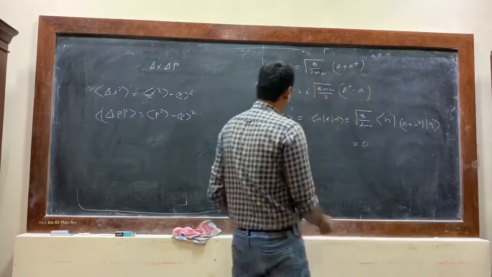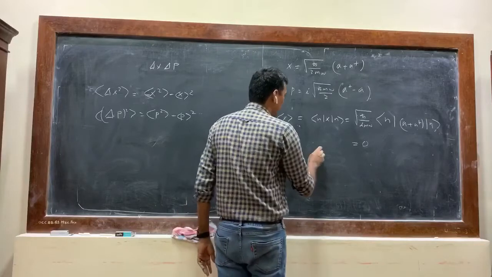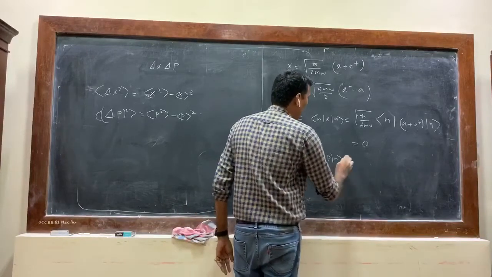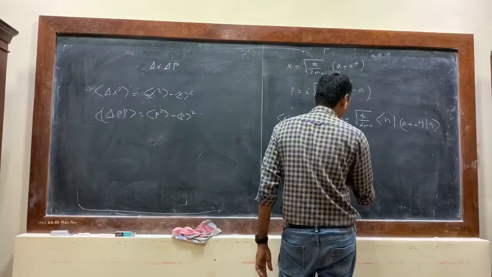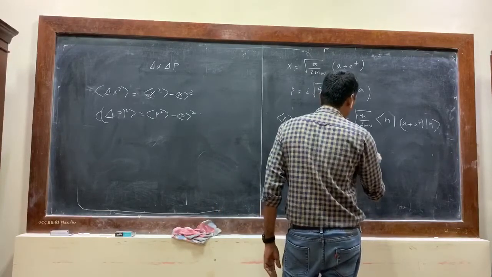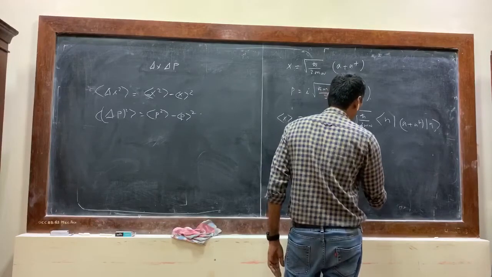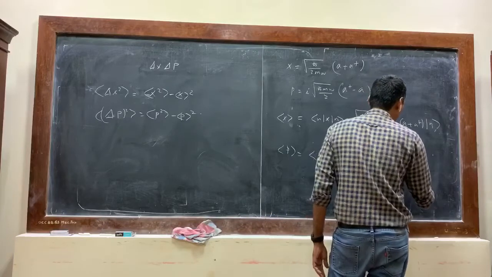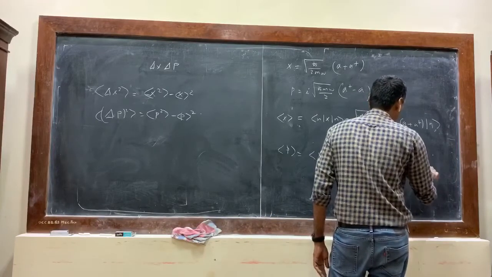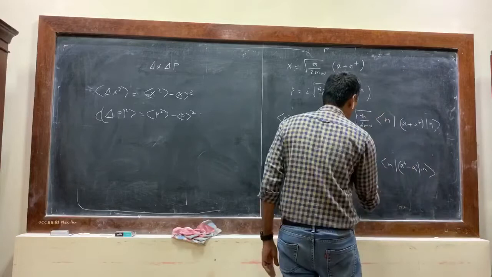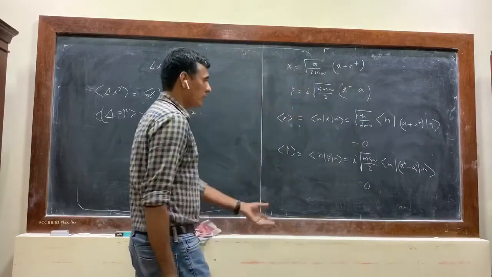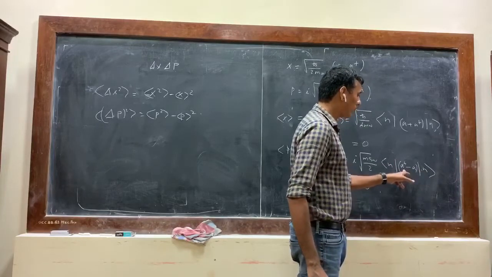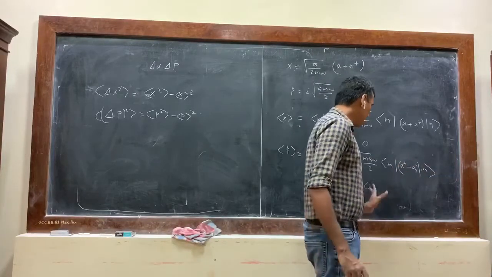So that's 0. Similarly, the average value of p is <n|p|n>, which is equal to i into square root of m h cut omega divided by 2 into <n|a dagger minus a|n>. Again, in this context also it has to be 0, because a takes it to n minus 1, and similarly a dagger takes it to n plus 1, so when you take this it will be 0.